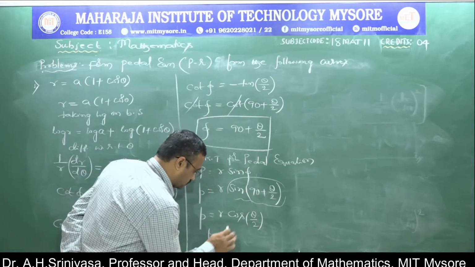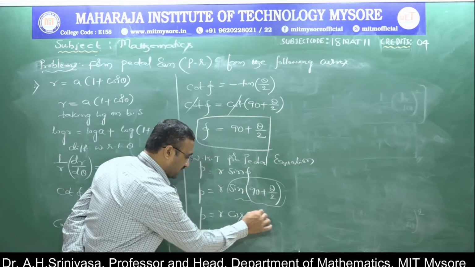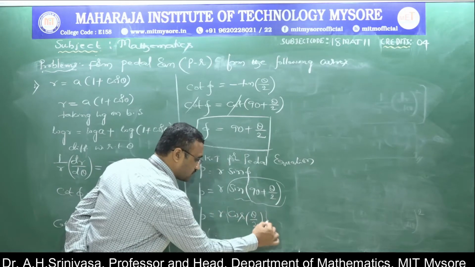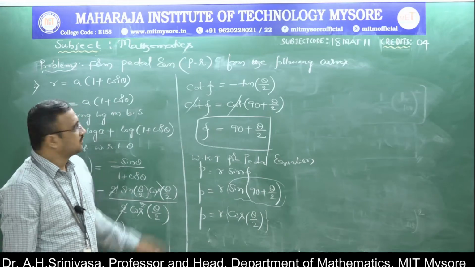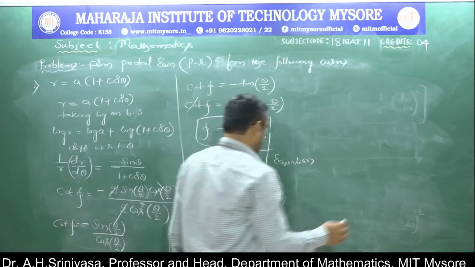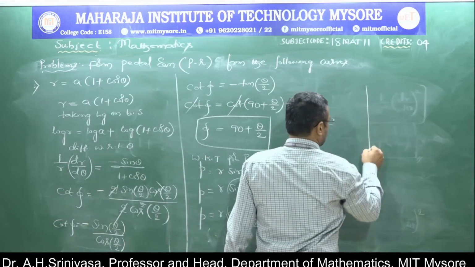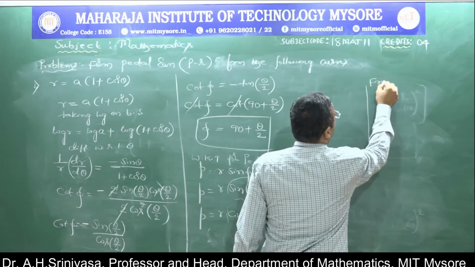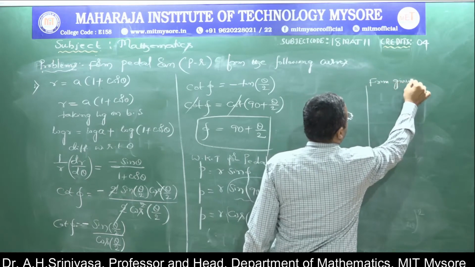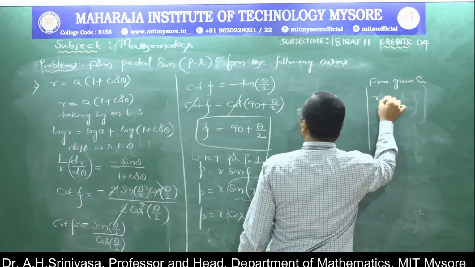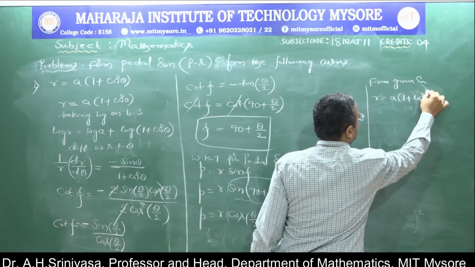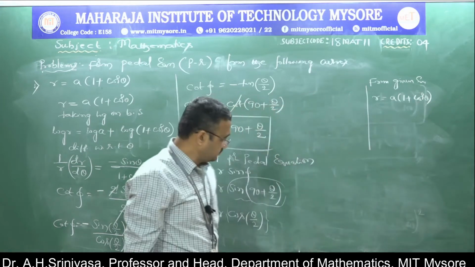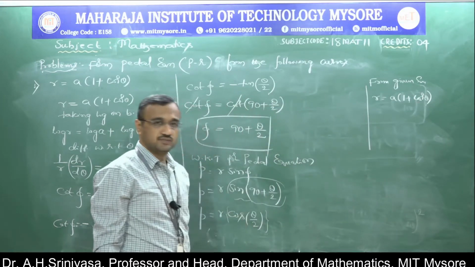Now p equal to, for the elimination of cos theta by 2, use your given equation. What is the given equation here? So I am writing here, from the given equation r equal to a times 1 plus cos theta. Using this relation, you get the value of cos theta by 2.